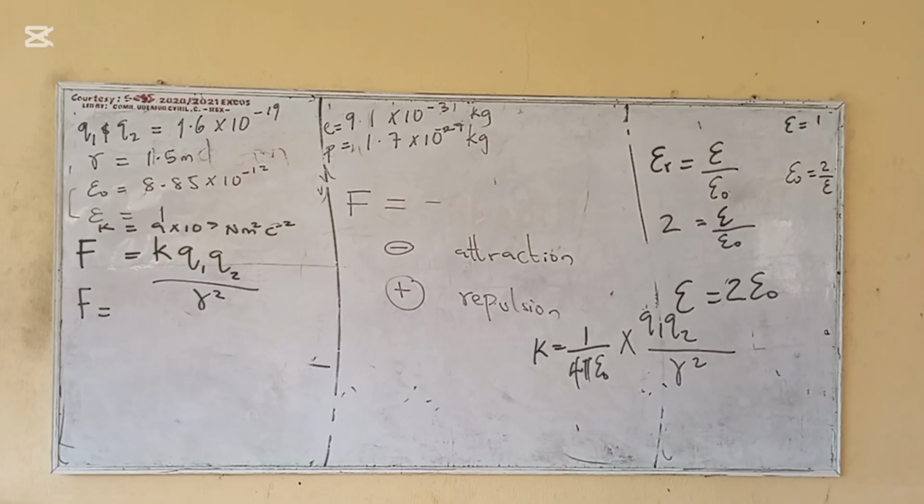Is it 0 over 2 or 2 over epsilon? If you do it like K, Q1, Q2 over 2R squared, you're supposed to give the same answer.